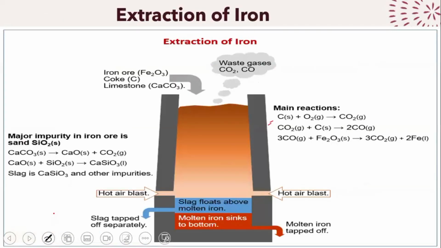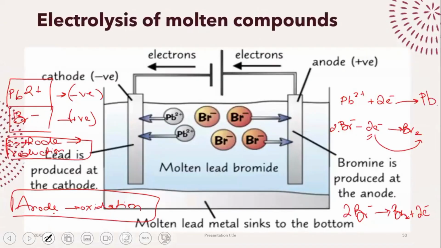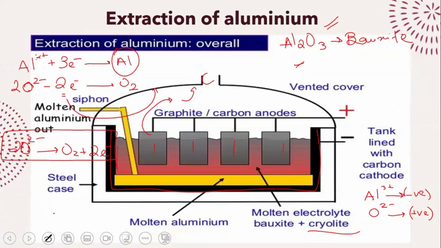That's what we do with iron. This is a cheaper method, much more cost-effective. But when it comes to aluminium, it's just too reactive. We have no other option than to go for the extremely costly option of electrolysis.